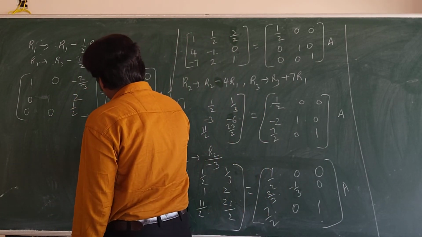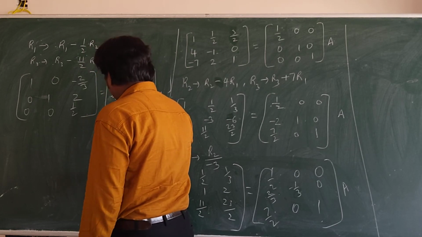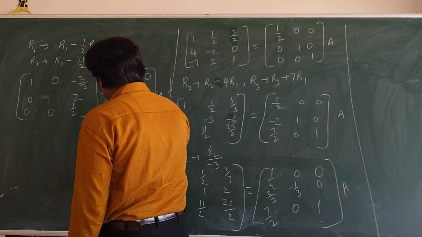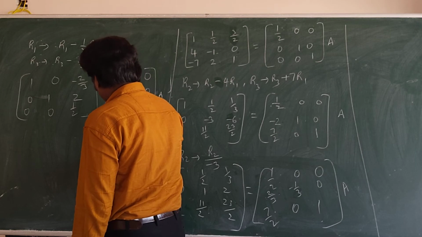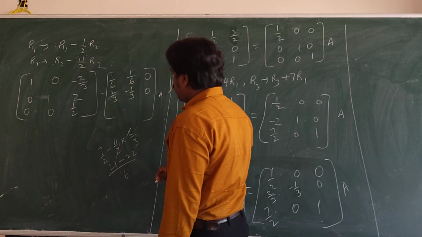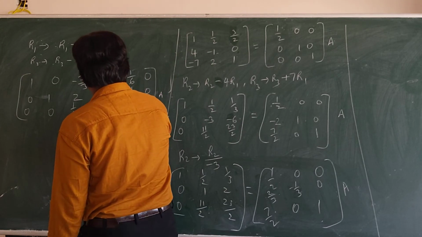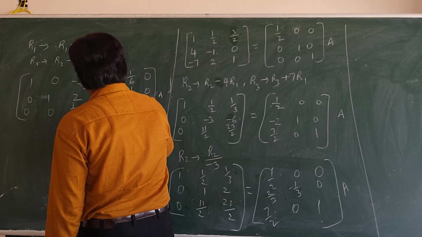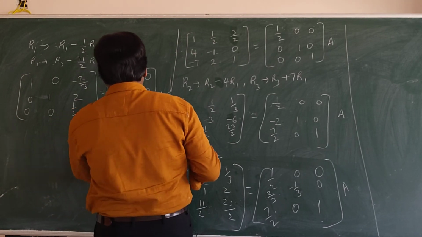Correct, you are right. So 2 to cancel. 6 is the LCM. 2 threes are 6. Minus 1 by 6. Very good.